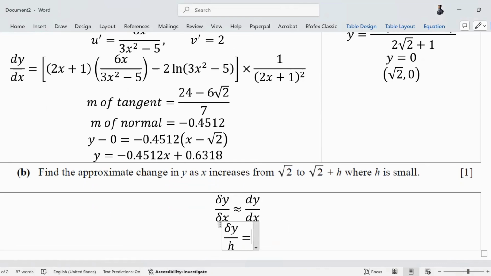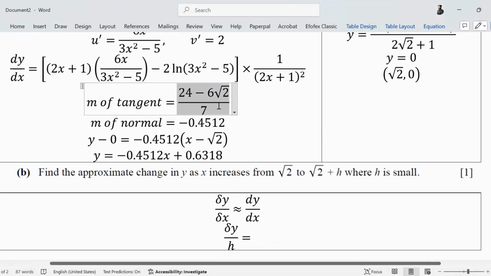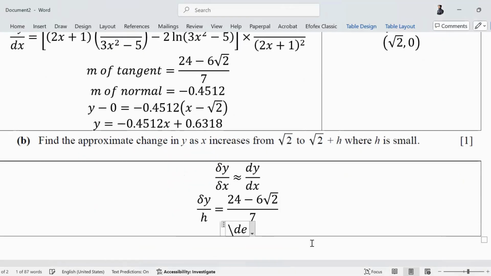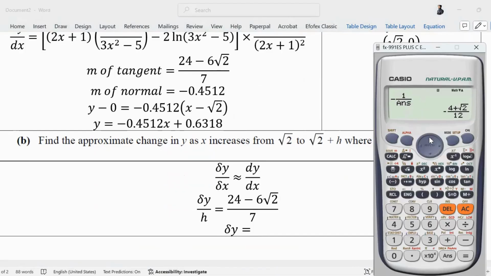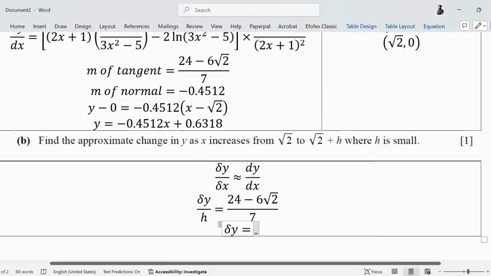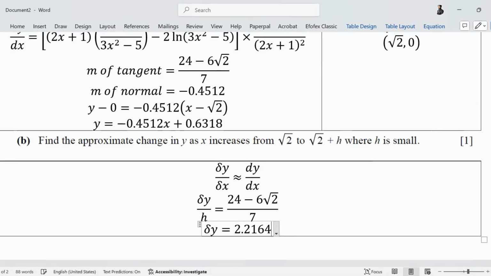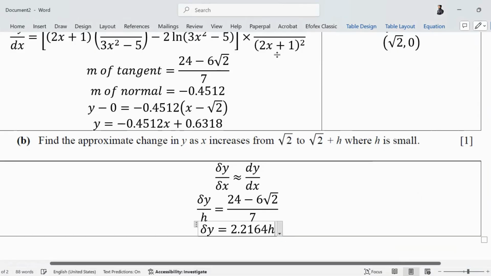And what is the value of dy by dx? It was this, right? Let me write this whole thing with h. So delta y is, what was this value? In decimal it was 2.2164. So 2.2164h. Clear?